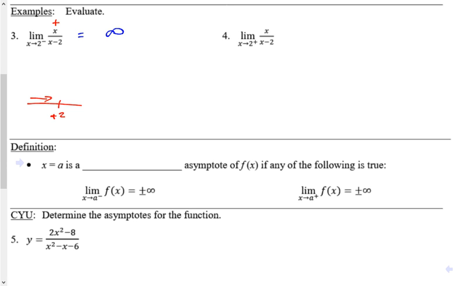Why do I keep saying negative? I'm not sure. As I approach positive 2 from the left, slightly smaller than 2, minus 2 gives me a negative number. Positive over negative is negative, so I know that on the left side of 2, my graph is going down towards negative infinity as a y value.